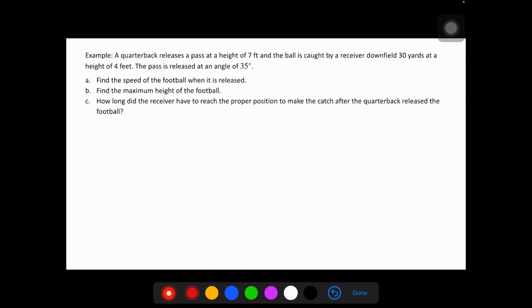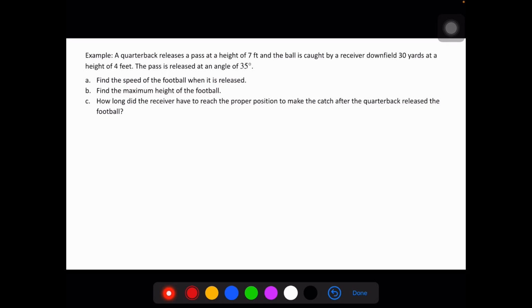So finally, let's finish this lesson by doing a kind of involved example, an example that has 3 parts of projectile motion, solving for some different items using the information we just learned.